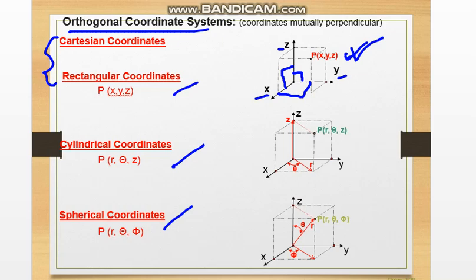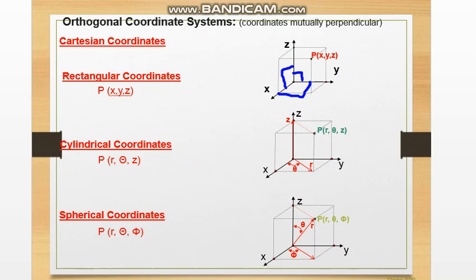How do these coordinate systems work? First of all, the Cartesian or rectangular coordinate system has three dimensions: x, y, z. If it's a piece of sheet, we can draw the x-axis and y-axis. But if it is a three-dimensional body, it will be x, y, and z.